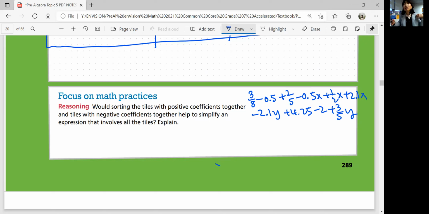Sure, because maybe it helps you to not make mistakes, right? If you group negatives together and you just add all of them and keep it as negative. If you group all the positives together, you add all of them and you know it's positive, then it's harder to make mistakes, right? So that could be a good strategy.